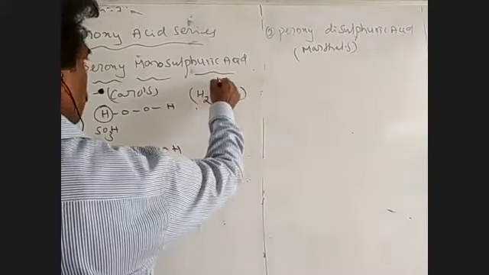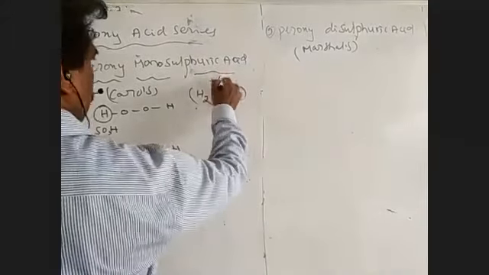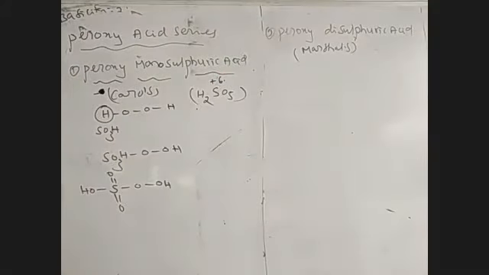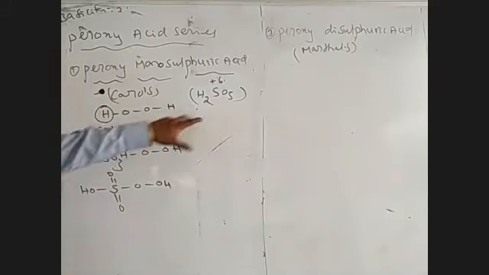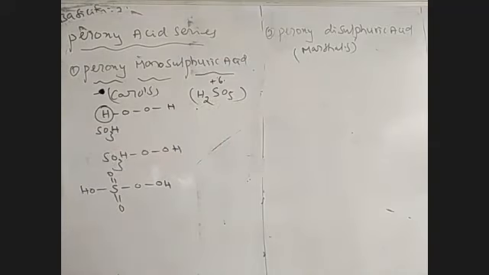The oxidation state here is taken as +6, only in H2SO5. In the general calculation, if the oxidation state of the element exceeds its group number, in this case sulfur would be +8. In general, the oxidation state of an element does not exceed its group number.